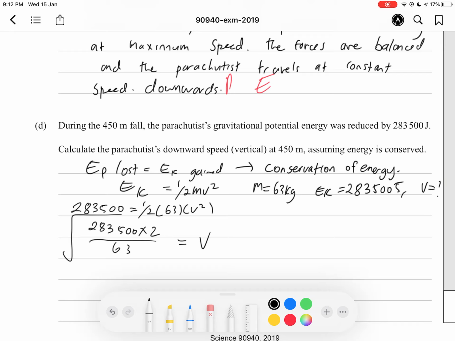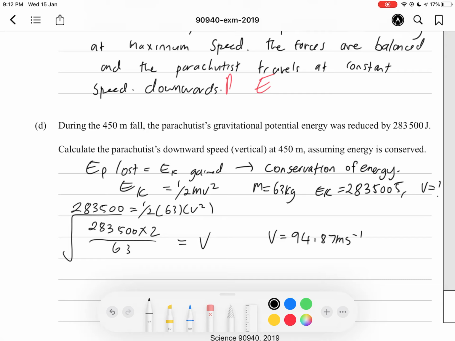So 283,500 times 2 divided by 63, square root of that. Okay, so our velocity comes to be 94.87 meters per second. So after the parachutist lost 283,500 joules, the speed gained was 94.87 meters per second.